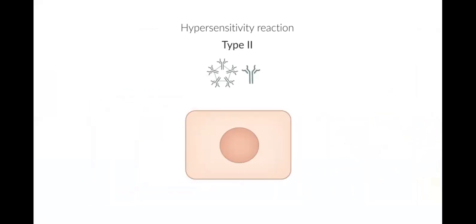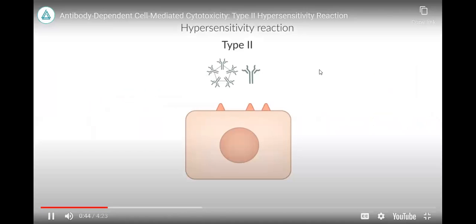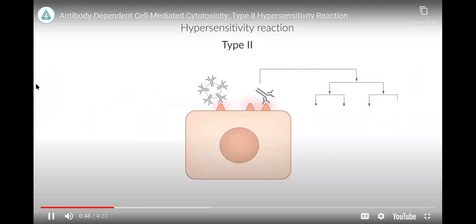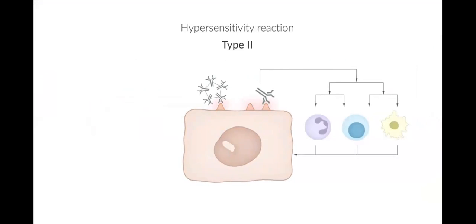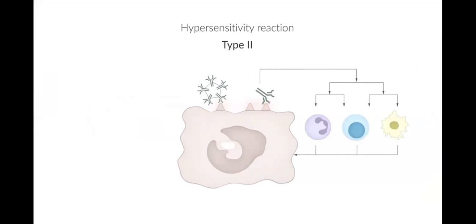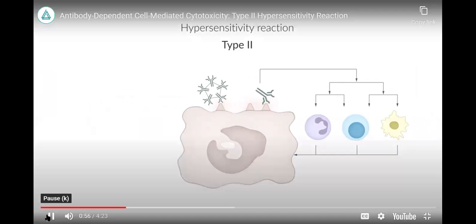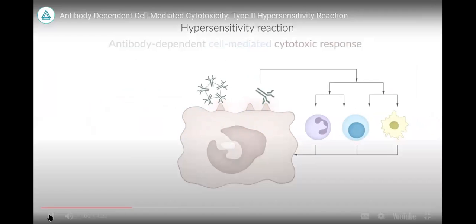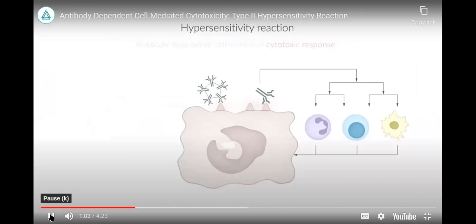In type 2 hypersensitivity, the antigen is located on the cell surface or is part of the connective tissue. This leads to an antibody-mediated immune response to the body's own cells. The antibodies initiate a cascade of events that can lead to cell lysis, phagocytosis, or apoptosis. Therefore, a type 2 hypersensitivity reaction is also called an antibody-dependent cell-mediated cytotoxic response.